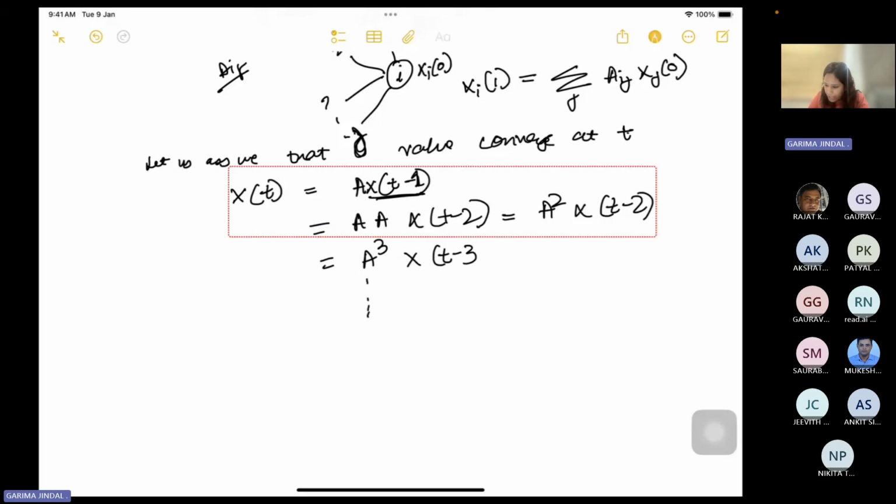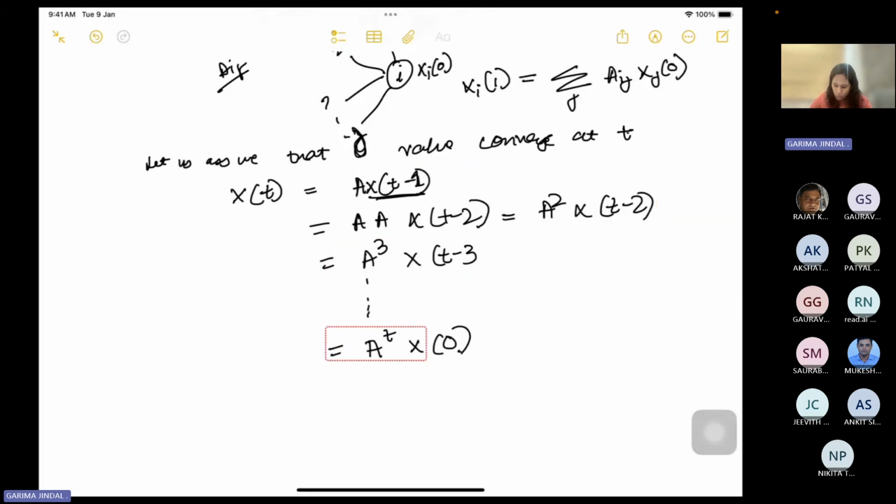We will reach the point at x0, where there will be no further improvement. x0 was the initial cost, right? So now we have derived a formula for xt. What is xt? xt is equal to a^t x0.